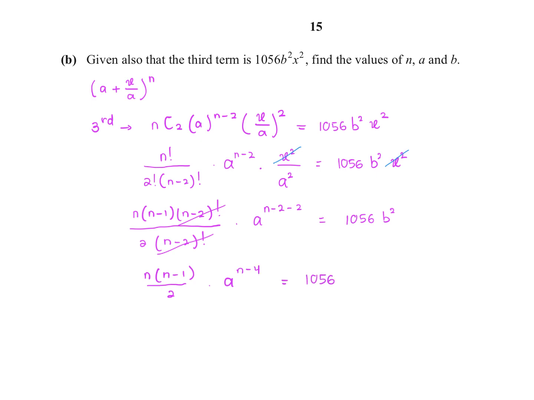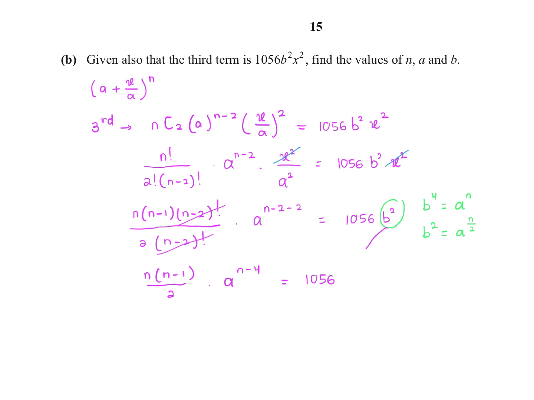1056 times b squared. Do you remember in part A first equation, the b to the powers of 4 is a to the powers of n. So then b squared is equal to a to the powers of n over 2.